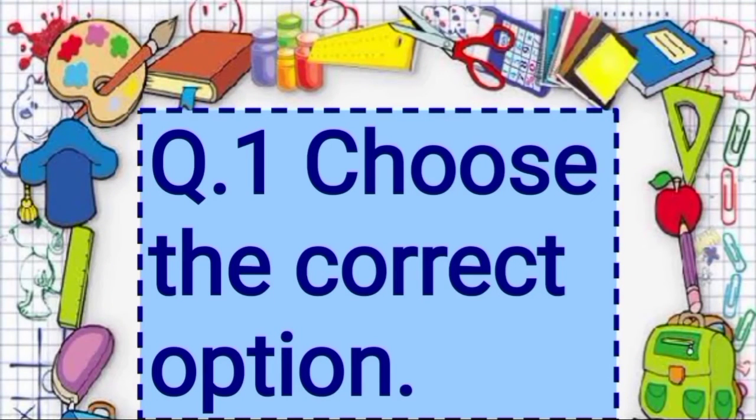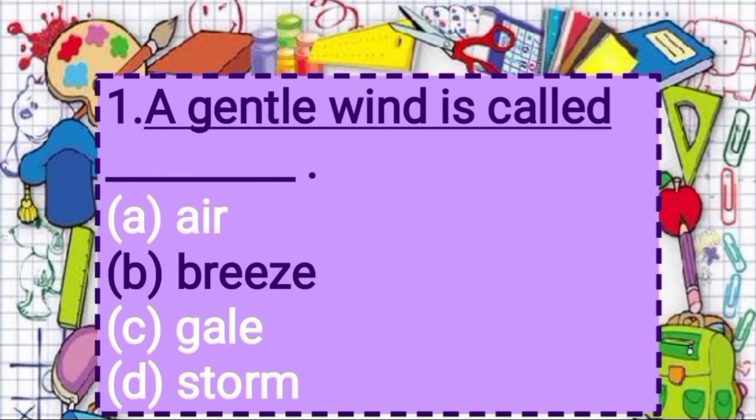Now let's solve question 1. Choose the correct option. The question is, a gentle wind is called dash.